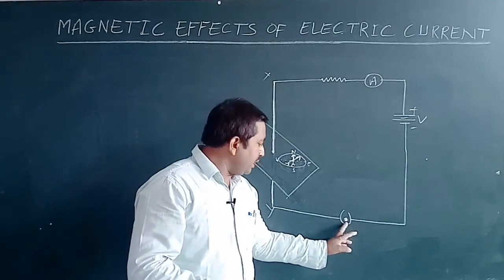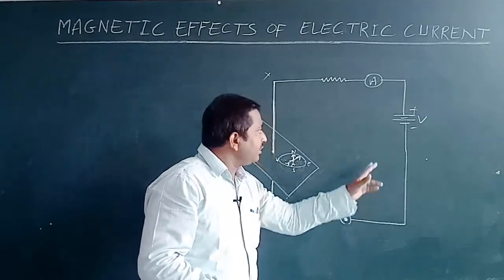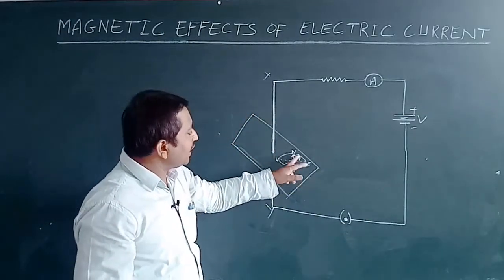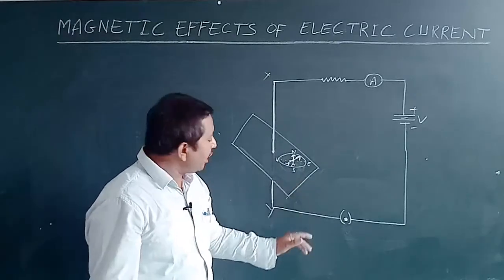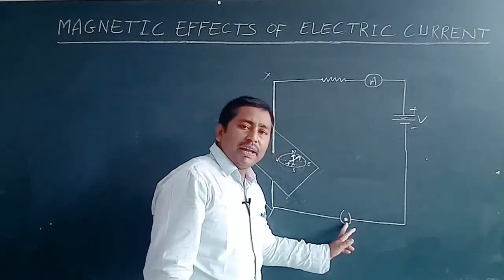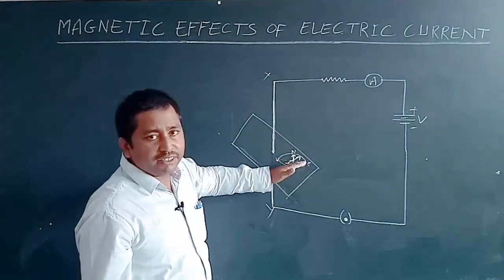If the plug is disconnected from the battery, the deflection in the magnetic needle disappears. But when we again connect the plug key, we find that there is a deflection in the magnetic needle.